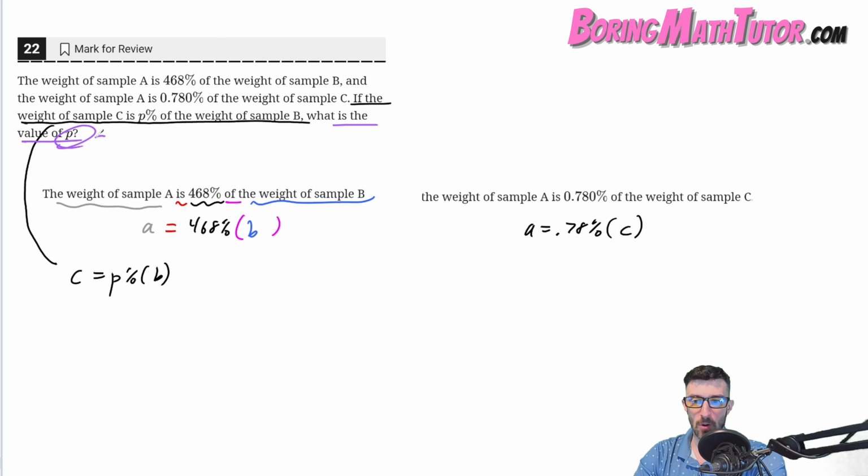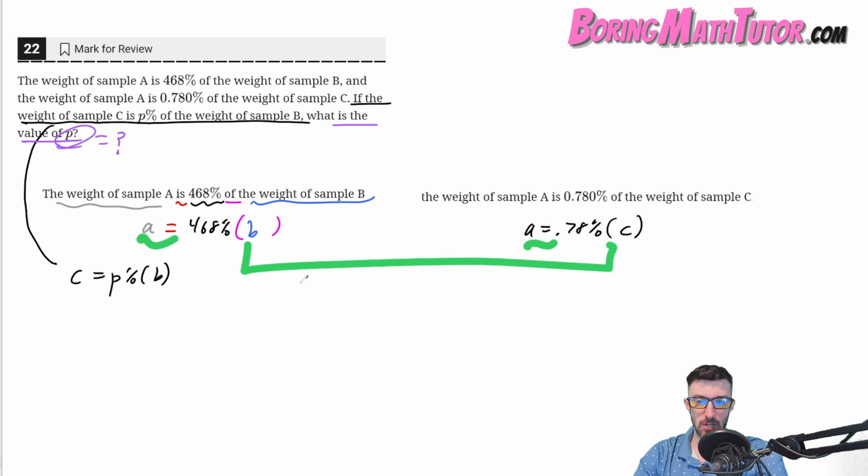They're asking for P. Okay, but I have two things that are both equal to A right now. So therefore, I can set those two things equal to each other.